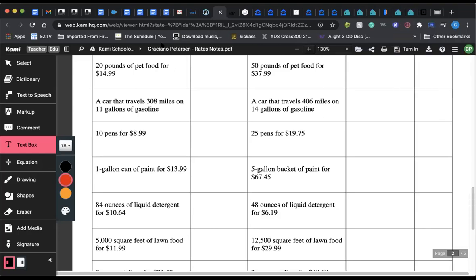And again, we just figured this out by taking the price and dividing it by the amount. So I'll write that in there.